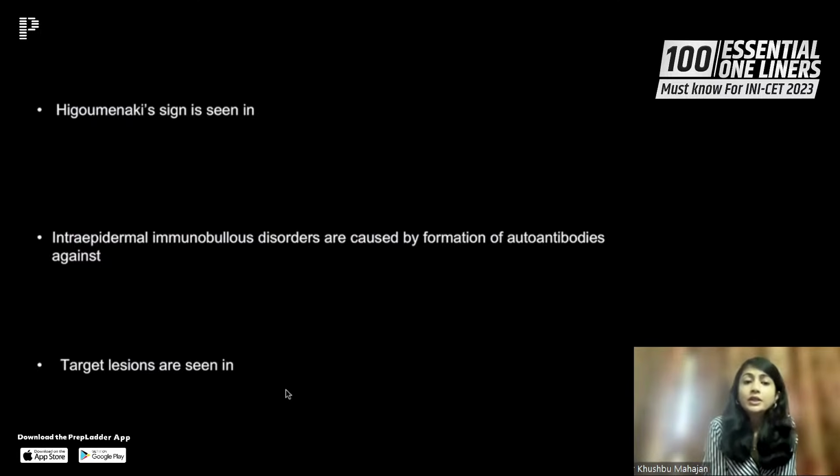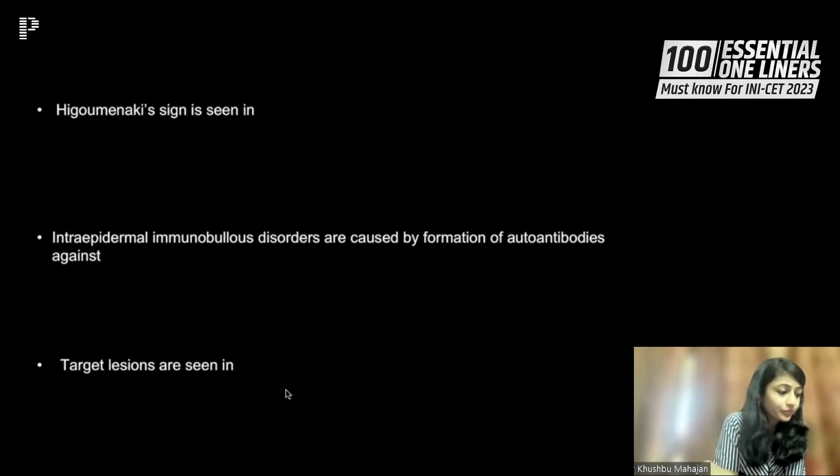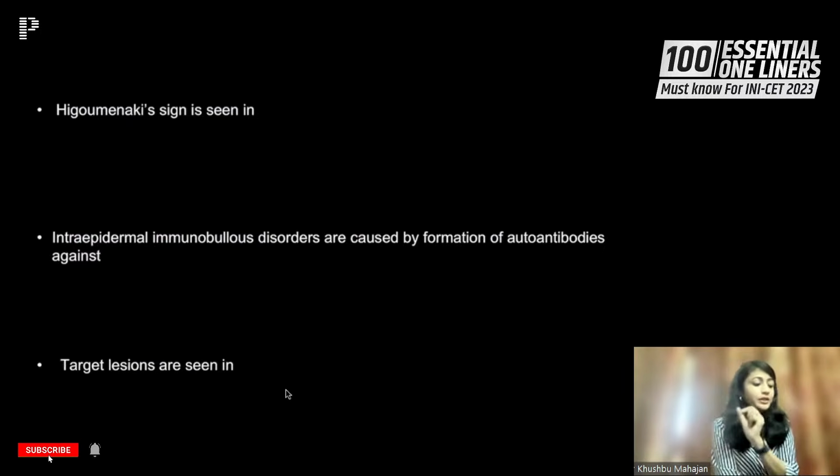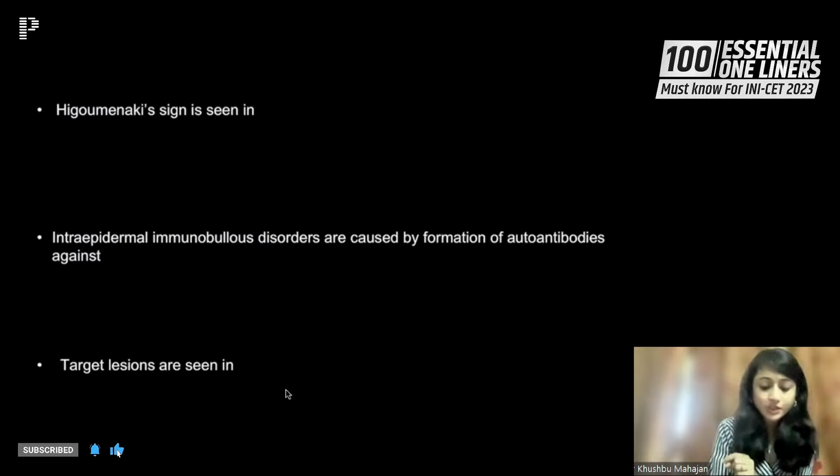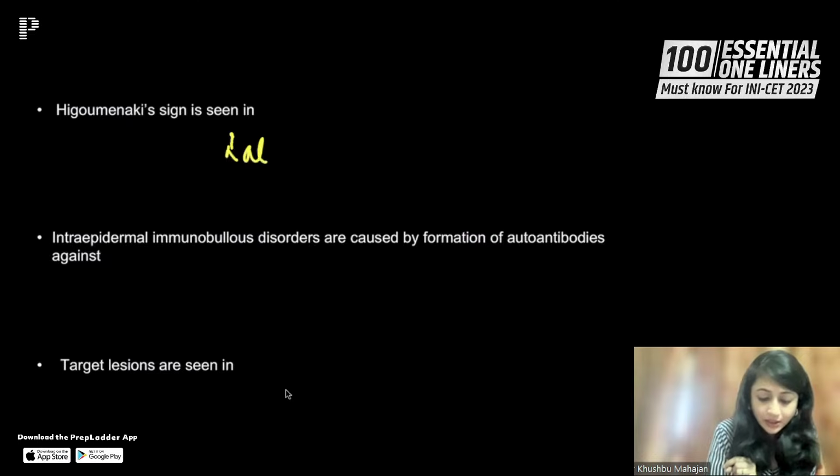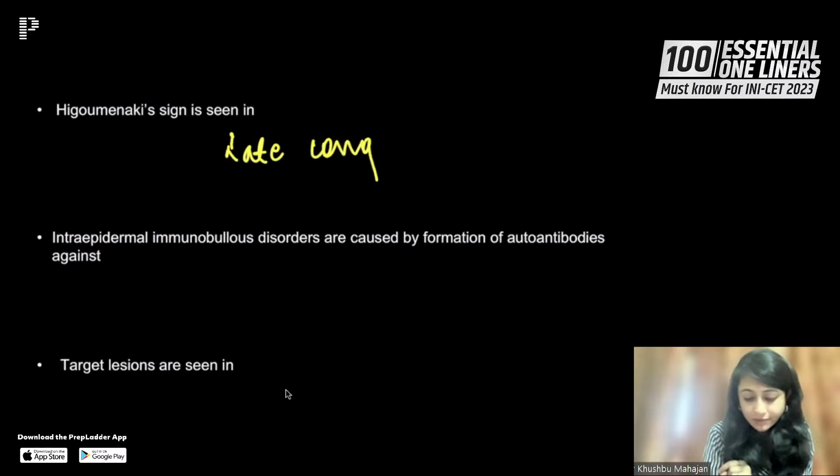Next question. Higoumenakis sign is seen in. Where do you see Higoumenakis sign? Absolutely right, syphilis. You have to mention congenital syphilis. And what type of congenital syphilis? It is seen in late congenital syphilis.